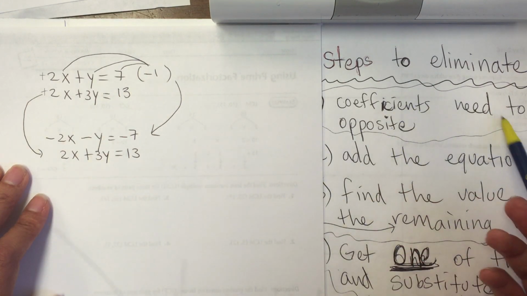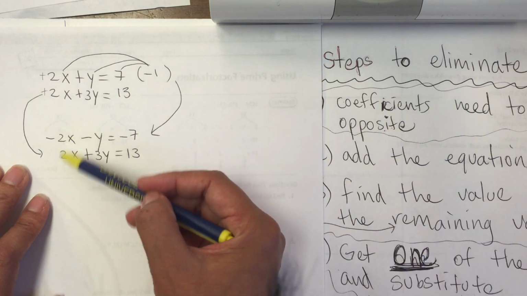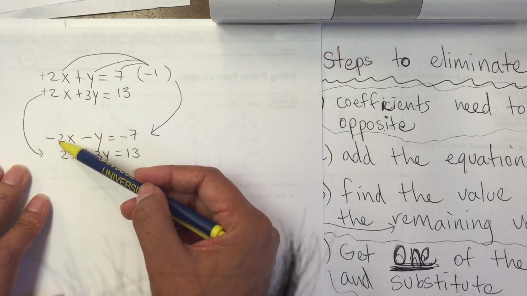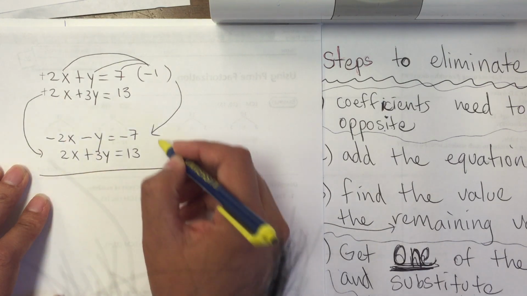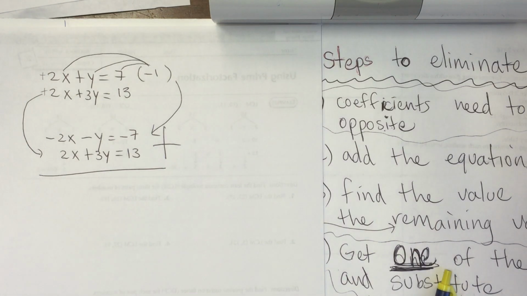And now that I have coefficients that are opposite of each other, one positive and one negative, I'm ready to add my two equations. And by adding my two equations, I'm going to be able to eliminate one of the variables.